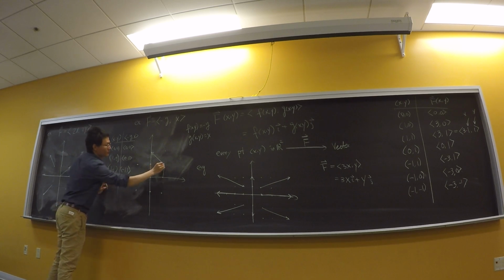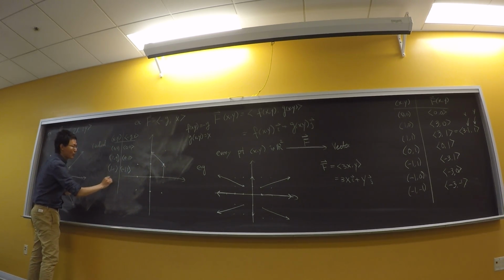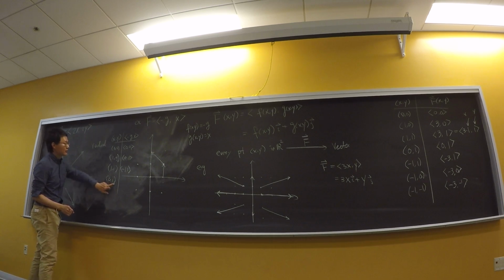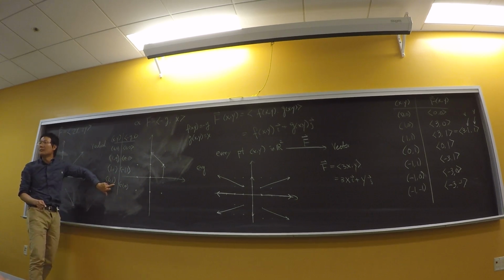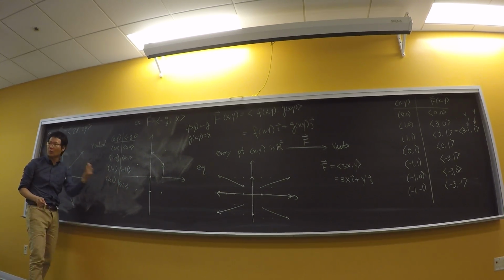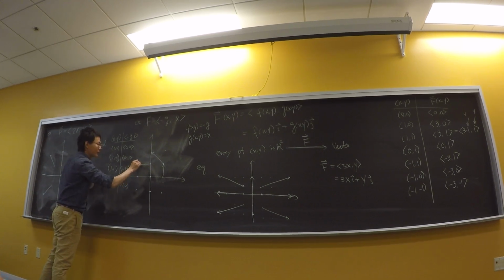Okay? So at the point 0, 1, I have the vector minus 1 and 0. Is that right? Minus 1 and 0. So it is pointing to the left. Pointing to the left, this is the point.